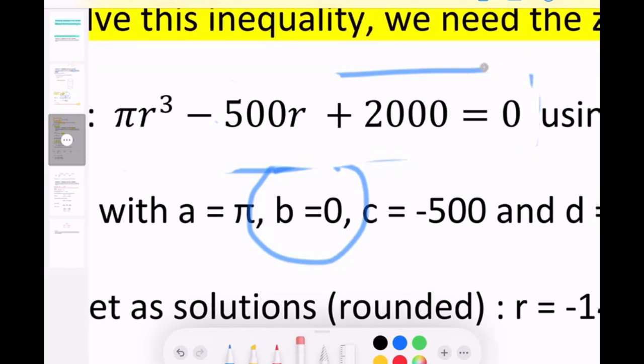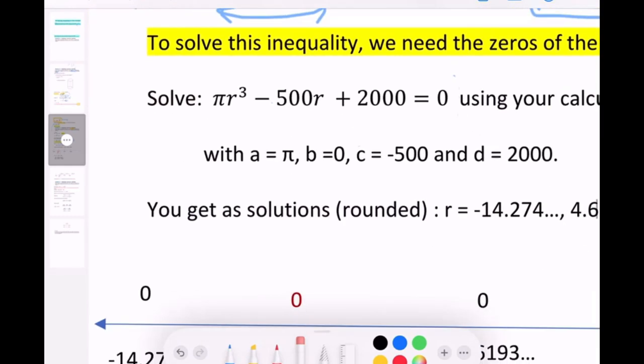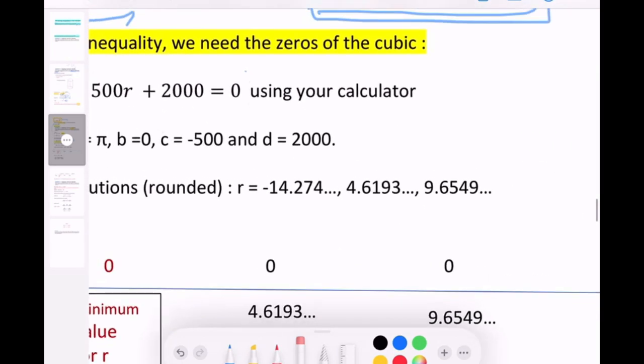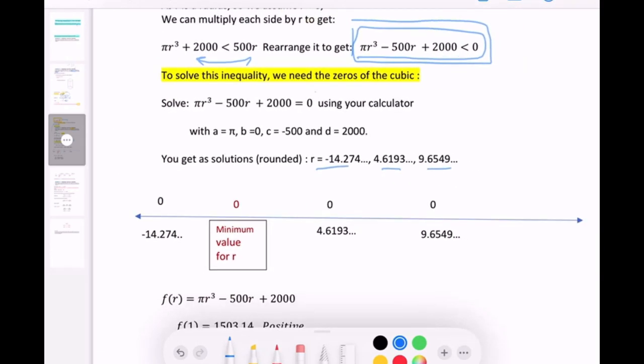All the solutions that we get here are approximately true; we cannot have accurate zeros. So you get solutions rounded to these values. 1, 2, 3 solutions. For a cubic, usually you get 3 solutions, or sometimes 1 solution.